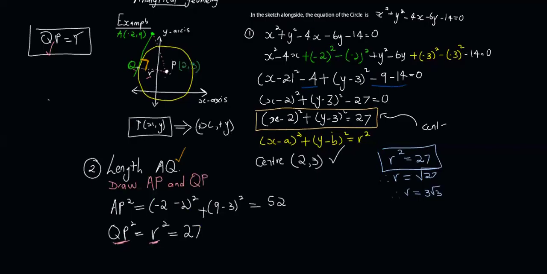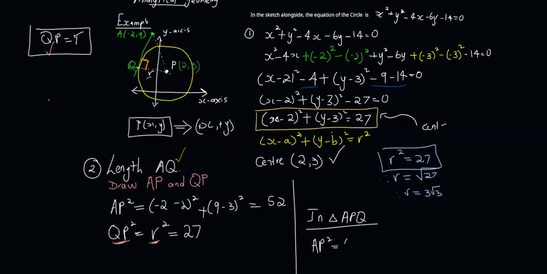So if you want to use the theorem of Pythagoras, you will simply say: in triangle APQ, the hypotenuse side squared, which is represented by AP squared, equals the sum of the squares on the other two sides, which is going to be QP squared plus AQ squared. You get to see that.